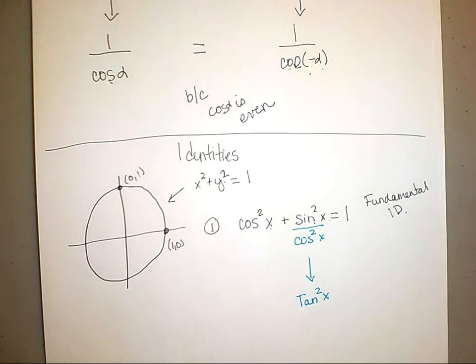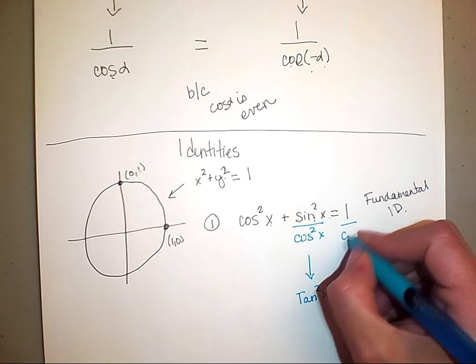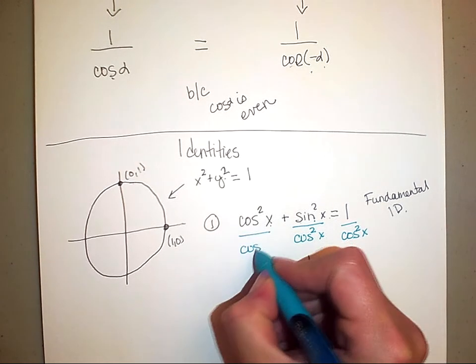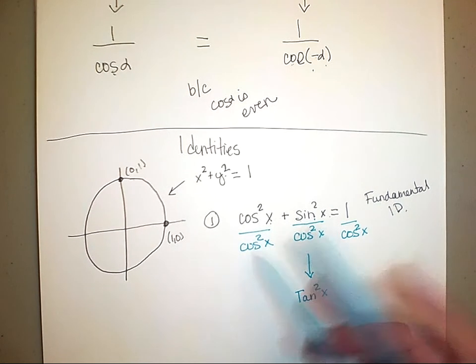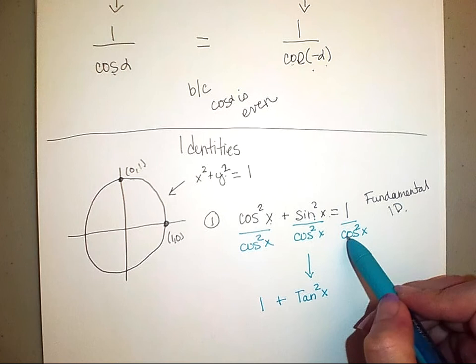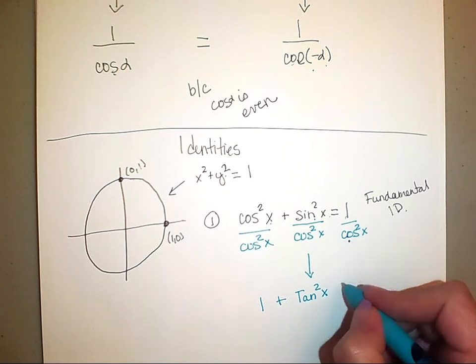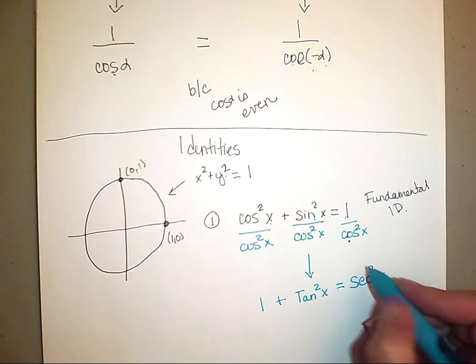But I can't just do that for one. I have to do them for all. If I'm going to divide by cosine, I need to divide through by cosine squared and everything. So this becomes 1. We'll keep the plus. And 1 over cosine is secant, so this becomes secant squared. So this is our second form.